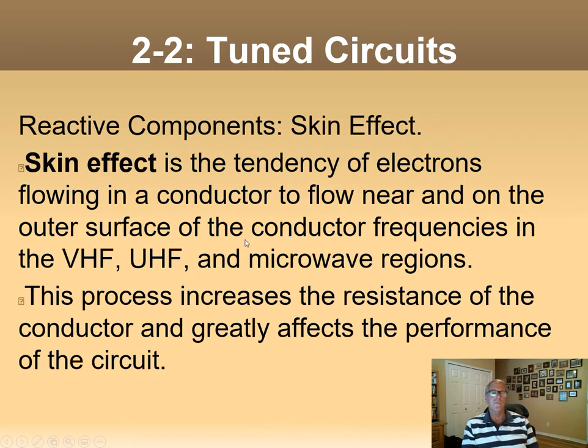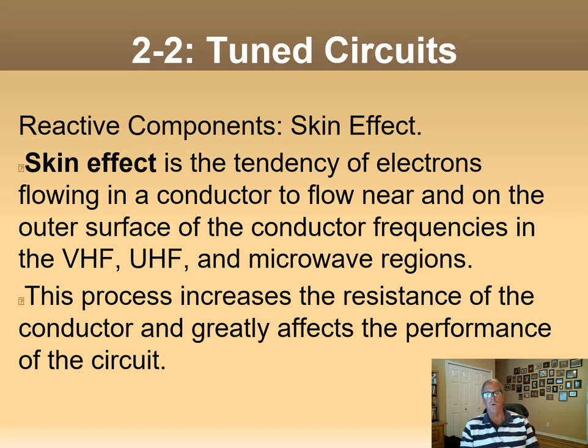So one more thing, a skin effect, and this is, again, just with a wire, basically. As you ramp up the frequencies in wires, even coax cables and so on, for very high frequency, ultra high frequency, and microwave, the current tends to float towards the outside of the conductor rather than the inside. If all the electrons are flowing just on the outside of the conductor, the resistance goes way up, right?